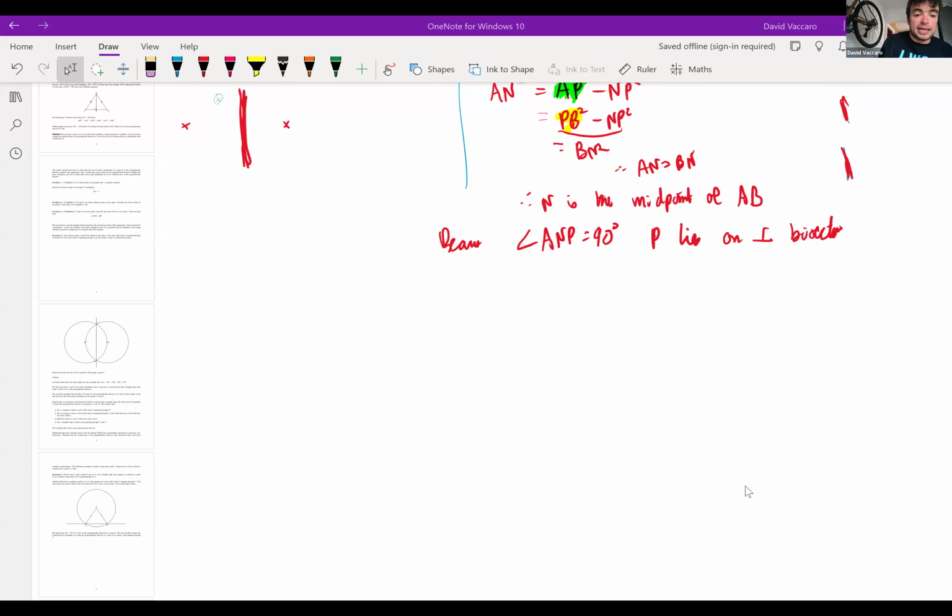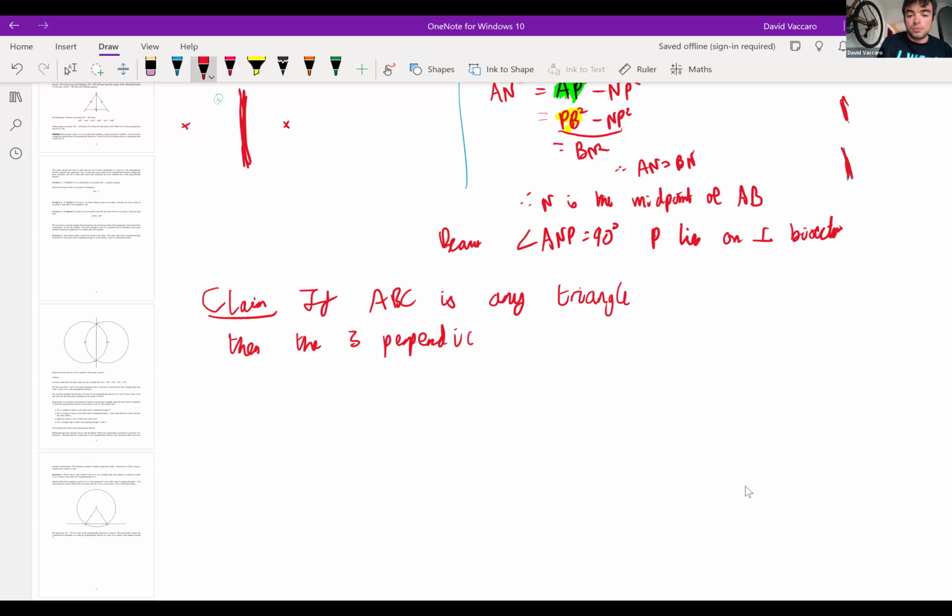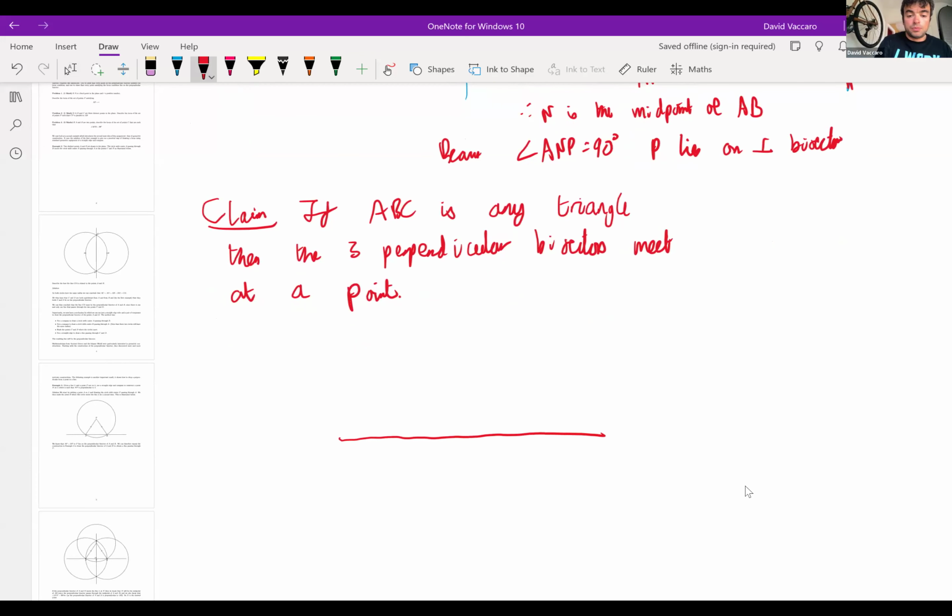And in my OneNote, I'm going to make this claim that if ABC is any triangle, then the three perpendicular bisectors meet at a point. Okay, so let's give a proof.